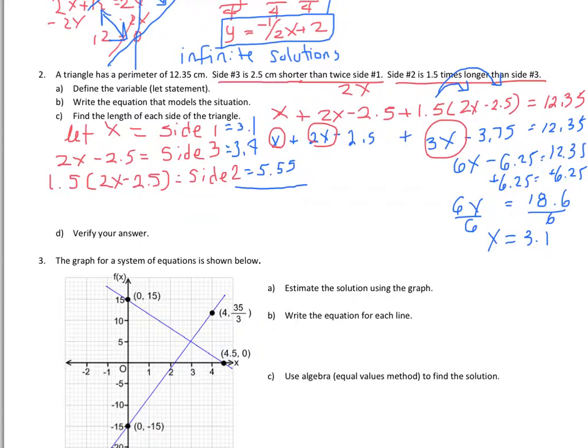And if I add up 3.1, 3.7, and 5.55, I get 12.35. Exactly what I'm supposed to get.